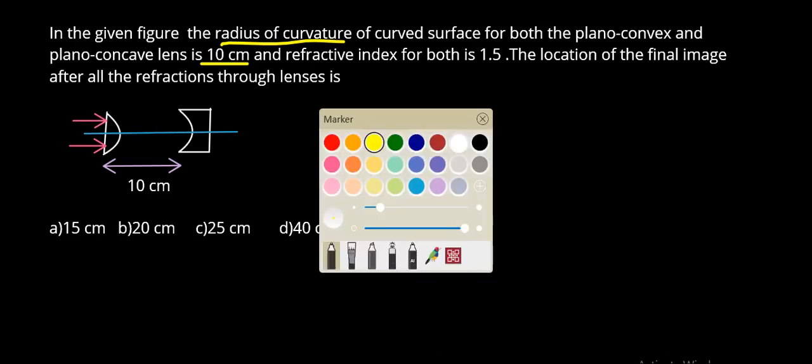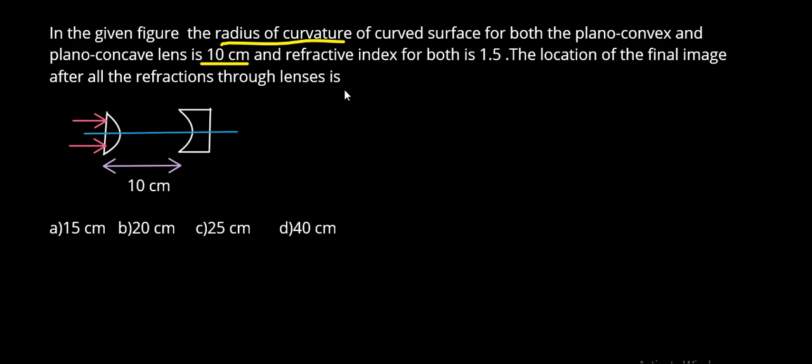The first thing you have to find here is the focal length of the converging lens. It is a plano-convex lens. We know that the refractive index for both is 1.5, given in the question.